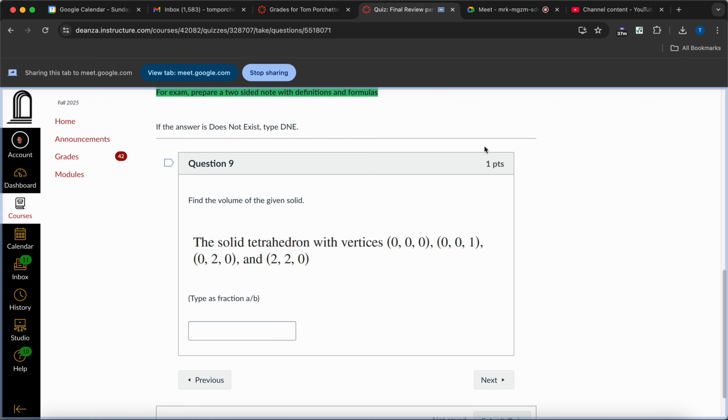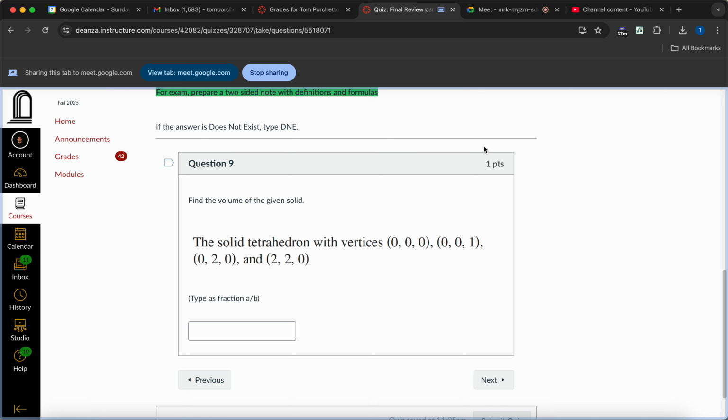So for the number 9, I set up the integral for that. The integral would be from 0 to 2, 0 to y, and then 0 to 1 minus 1 by 2y. And then we have 1 dz, dx, and dy. So by simplifying dz, I got 1 minus 1 by 2y, dx, dy.